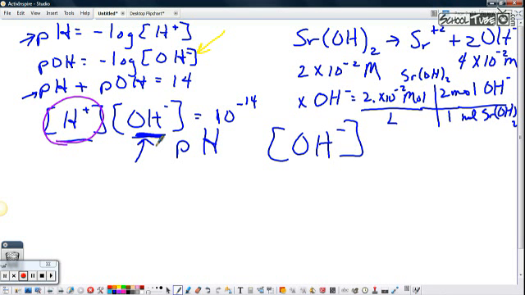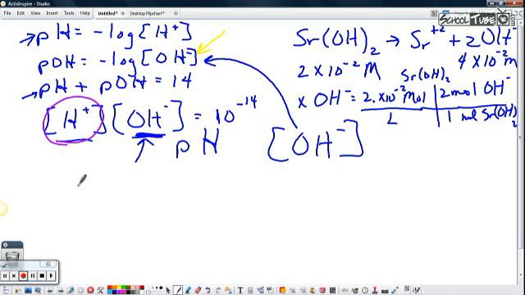Or I can take the OH concentration and plug it into this formula and then subtract from 14. But I still have to do 2 steps because no one formula has both what I know and what I'm looking for in it. If the formula does not have what you know and what you're looking for in it, you can't do it in 1 step.